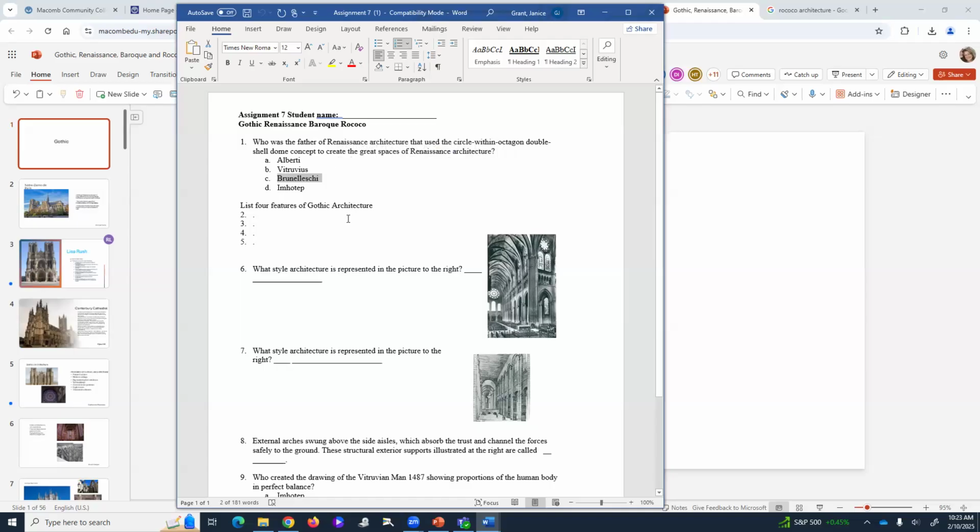Okay, what do you think about the four features of Gothic architecture? Well, what's one? Lightweight. Okay, so that could be another one. That is one. I will accept that. Lightweight, light skeletal look, skeleton forms.